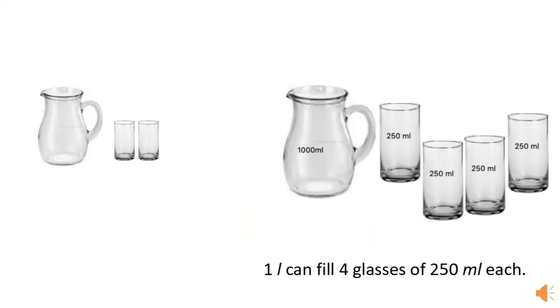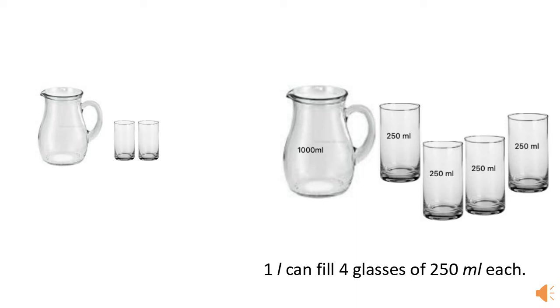Now children, can you answer this question: how many glasses of 250 milliliter can be filled with 1 liter? As you know, 1 liter is 1000 milliliter. What you can do is, 250, how many times you add so that you get 1000.